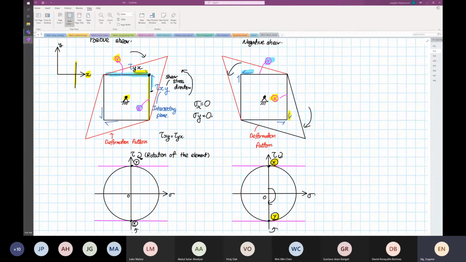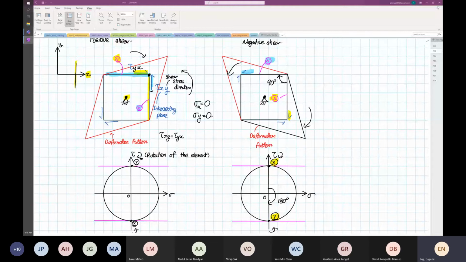Anyone? This is to make sure no one is sleeping. How many degrees is that? 180. 180 degrees. Now, if you look at the element from point X to point Y, how many degrees? 90. 90 degrees.